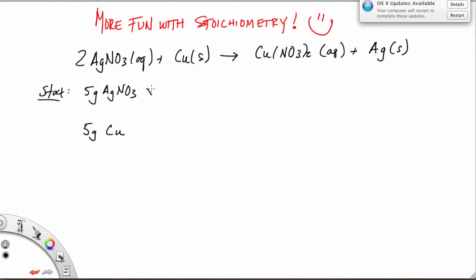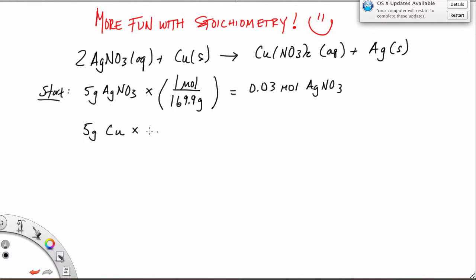So the first thing we do, since we're in grams, is convert our substance to moles by dividing by the molar mass. The molar mass of silver nitrate is 169.9 grams. So we have 5 divided by 169.9, and that gives us 0.03 moles of silver nitrate.